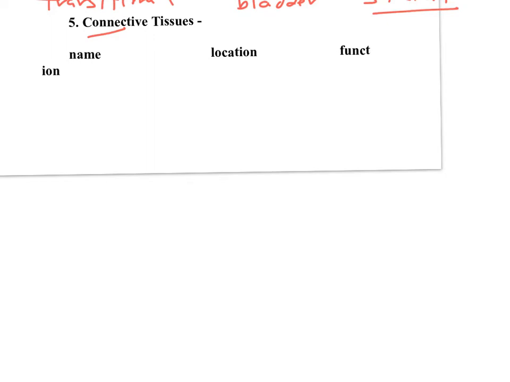There's multiple kinds of connective tissue that were reviewed. There was the connective tissue proper, which included areolar, reticular tissue, and adipose.